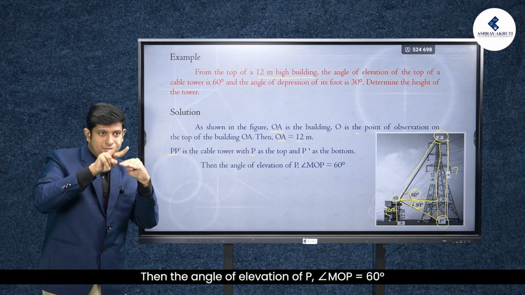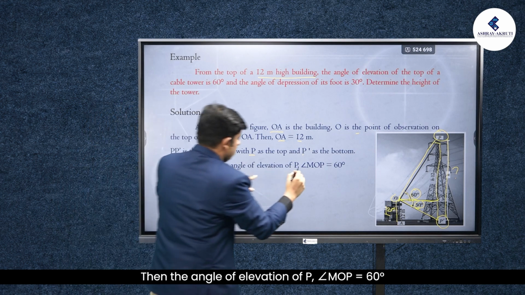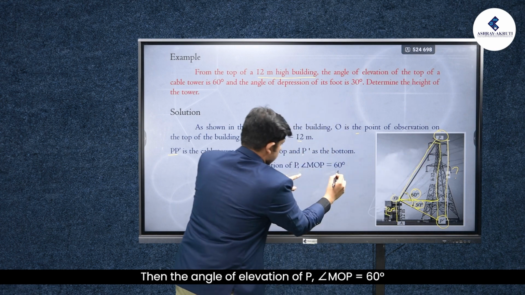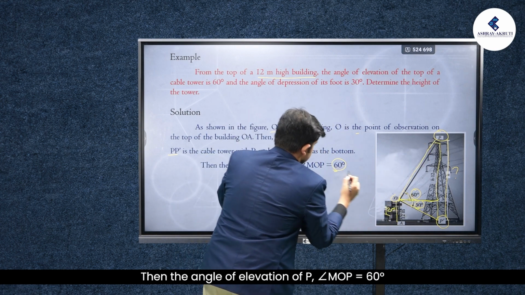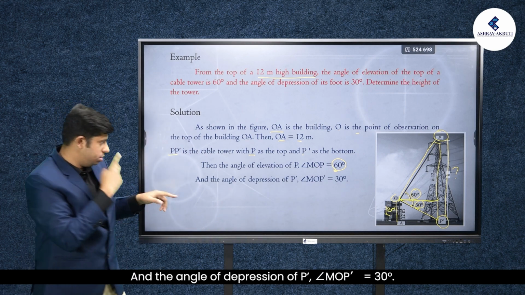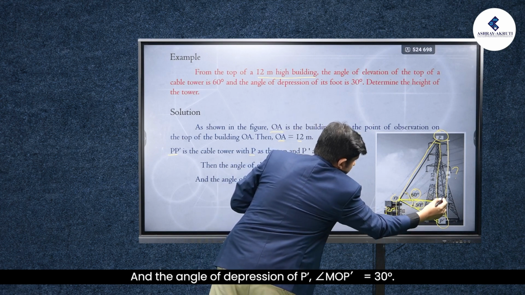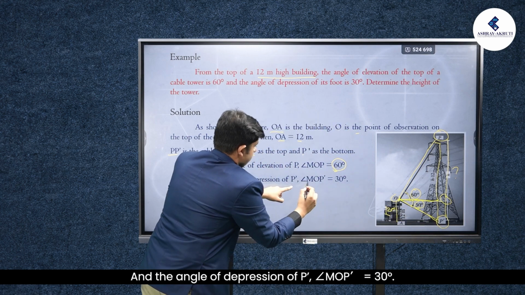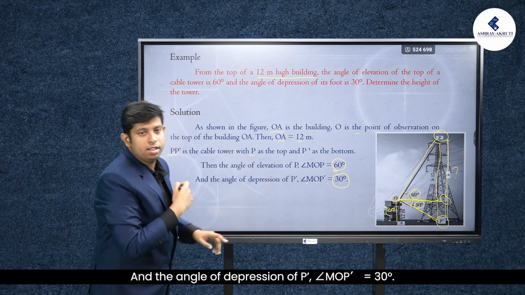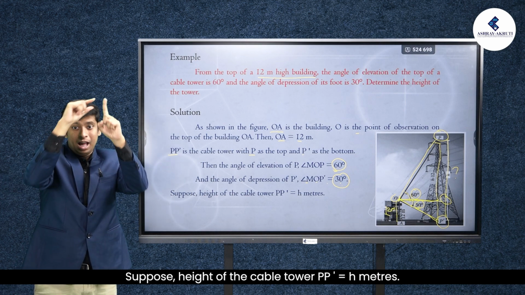Then the angle of elevation of P, that is angle MOP, is equal to 60 degrees. And the angle of depression of P dash, that is angle MOP dash, is equal to 30 degrees. Suppose height of the cable tower PP dash is equal to h meters.